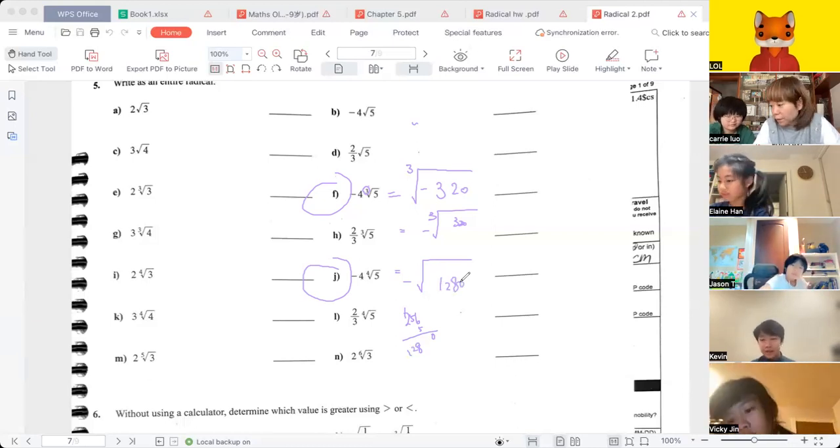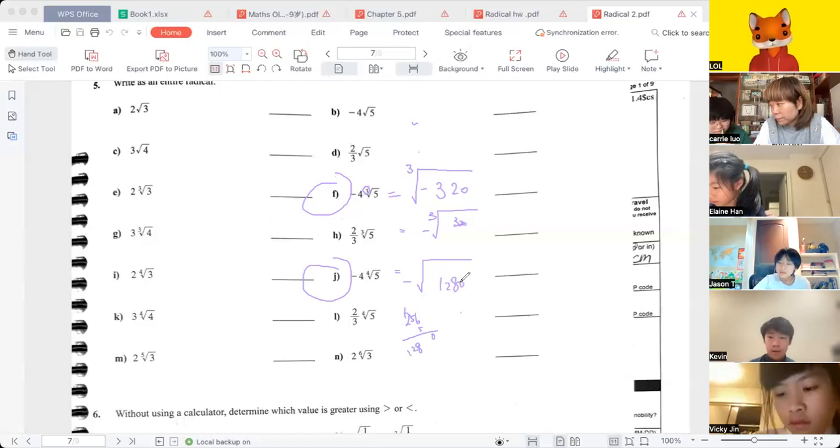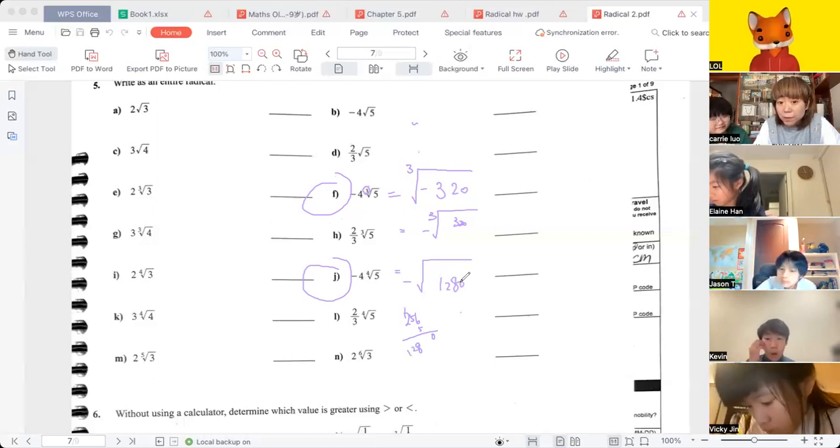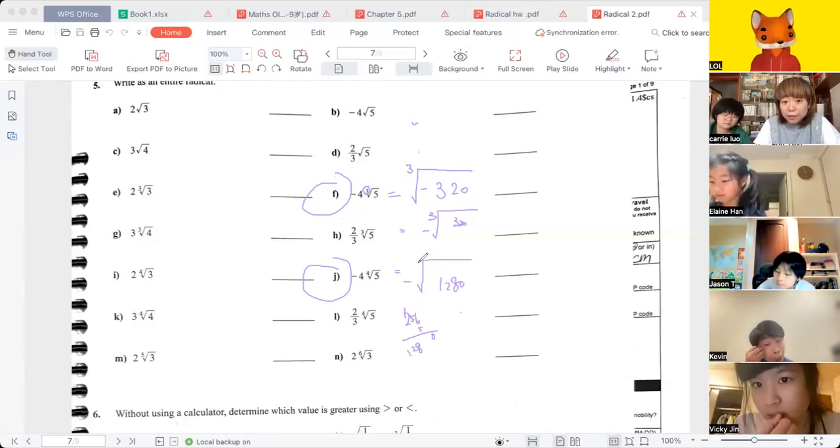Negative 1280. Get it, everybody? But don't forget, here is 4, here is 3.